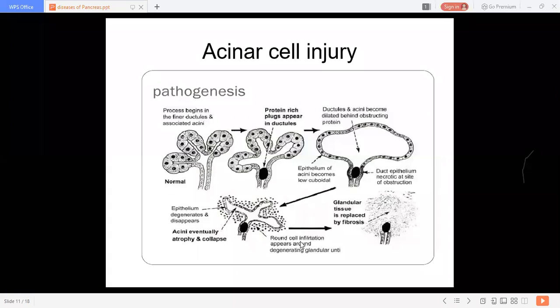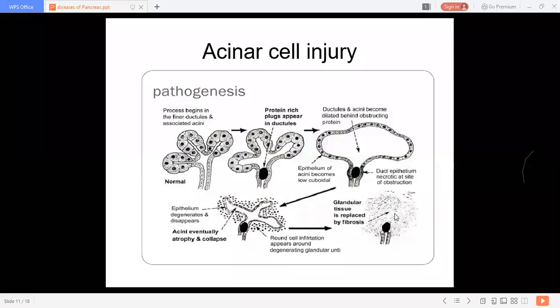Around the acini there is round cell infiltration around the degenerating glandular units, and it goes on to fibrotic lesions. Glandular tissue is replaced by fibrosis.